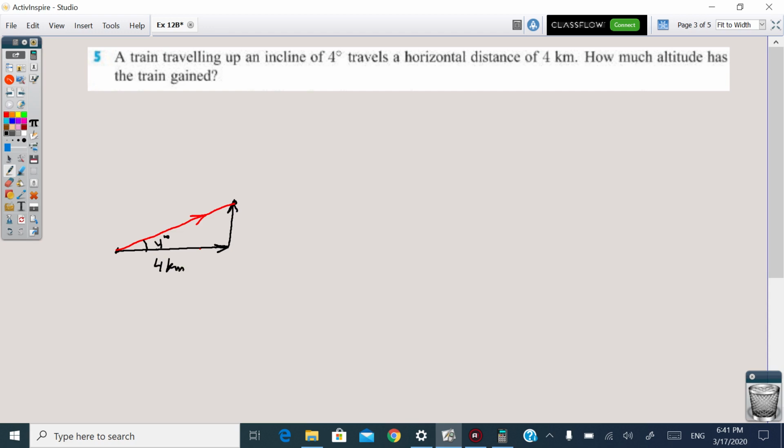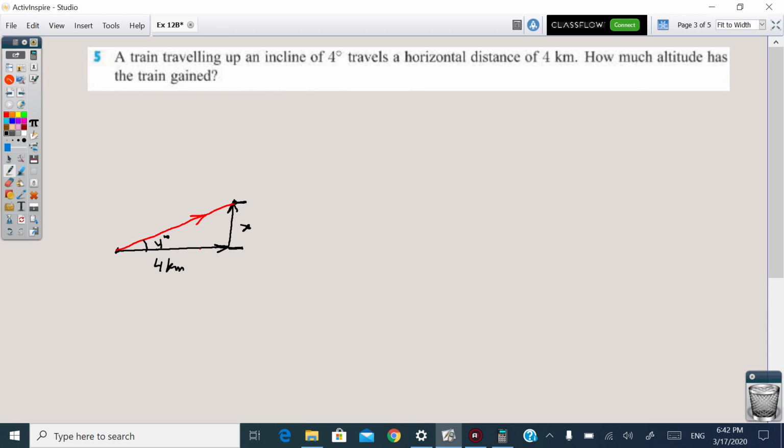What we're required to find is how much altitude. Altitude is another word for height. How much has the train gained, in the sense that how much higher is the train at this point than it is at this point. So basically, that means finding the vertical part of the journey.